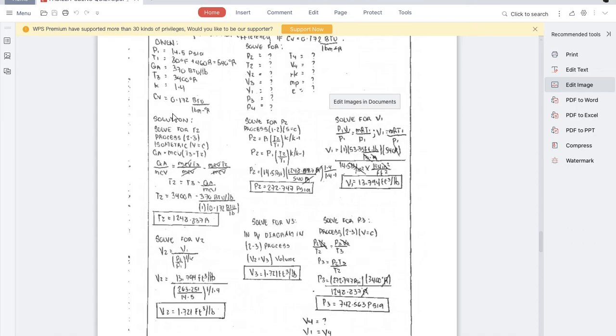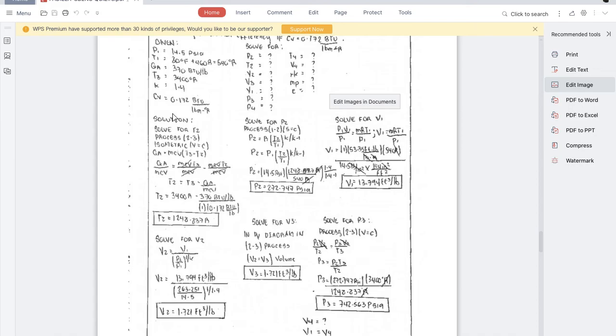For T2, process 2 to 3 is isometric, V2 equal to C. The formula for this is QA equal to m Cv (T3 minus T2). What we get is T2 equal to T3 minus QA over m Cv.